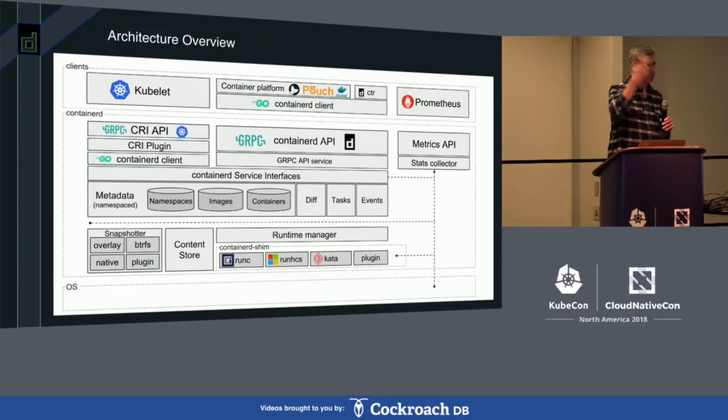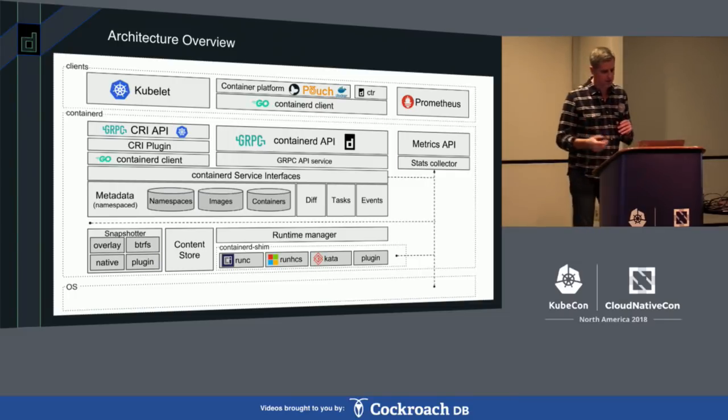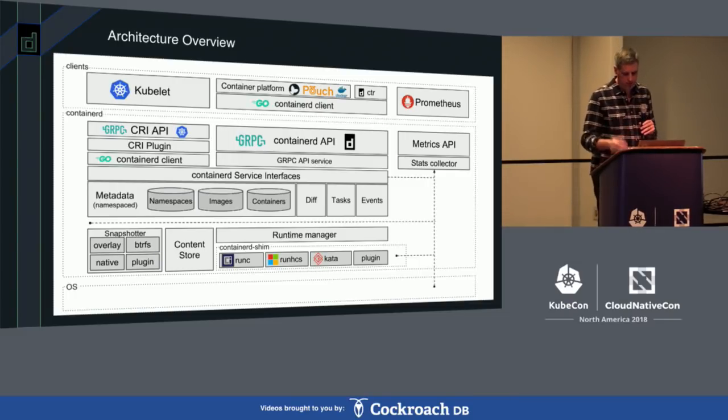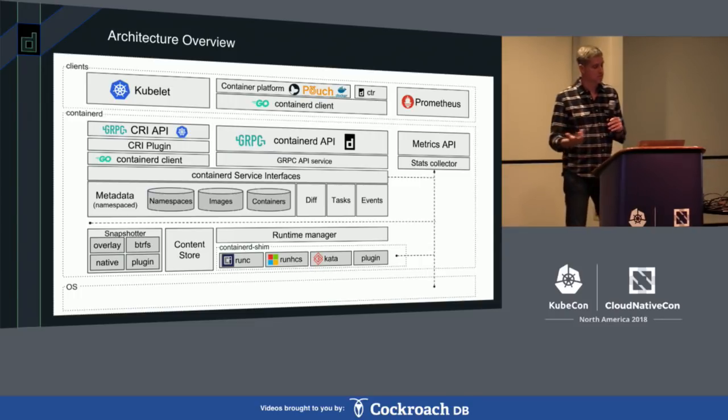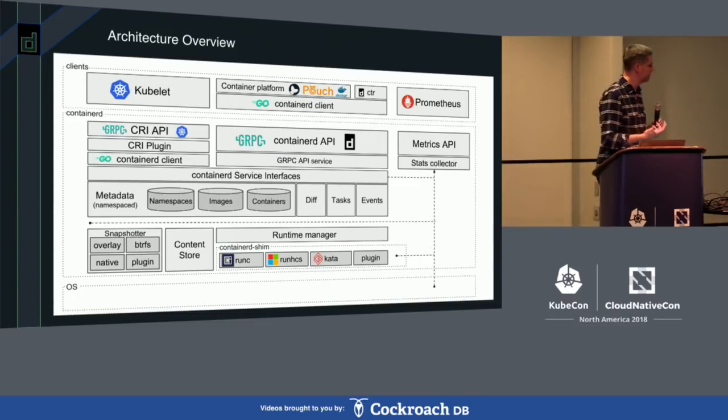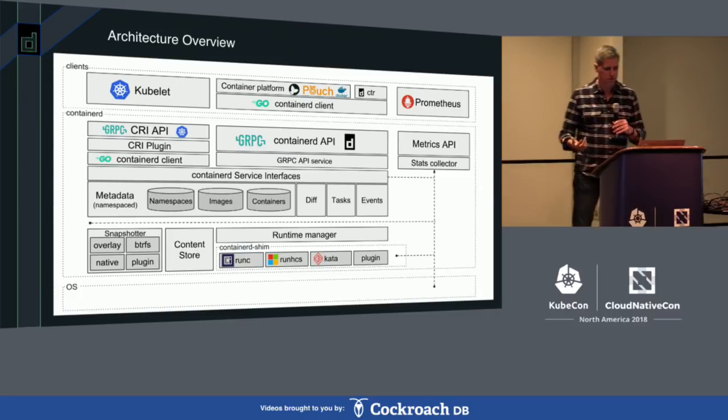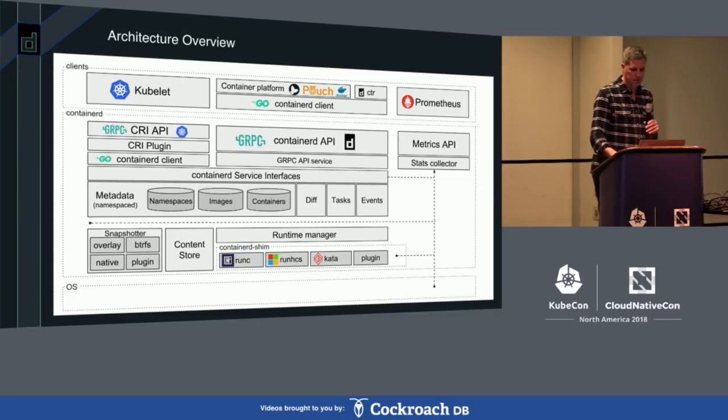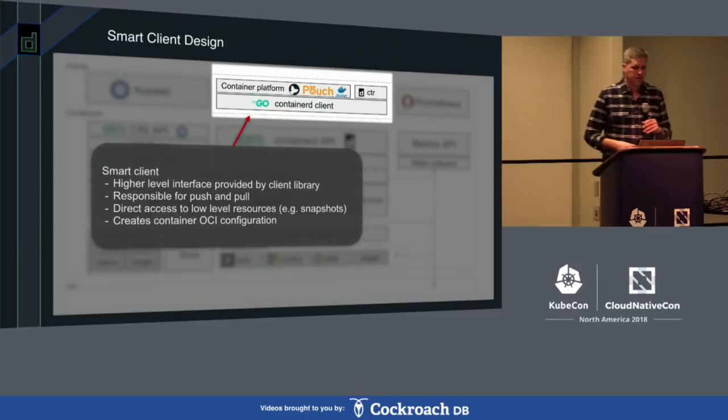There's that client API with users above it, like Kubernetes, like Docker, like Pouch or other runtimes. And then there's those common services that then drive a set of runtimes, whether we're talking about runc, kata containers, run HCS on Windows, and then the snapshotters, which I'll talk about in a minute as well.